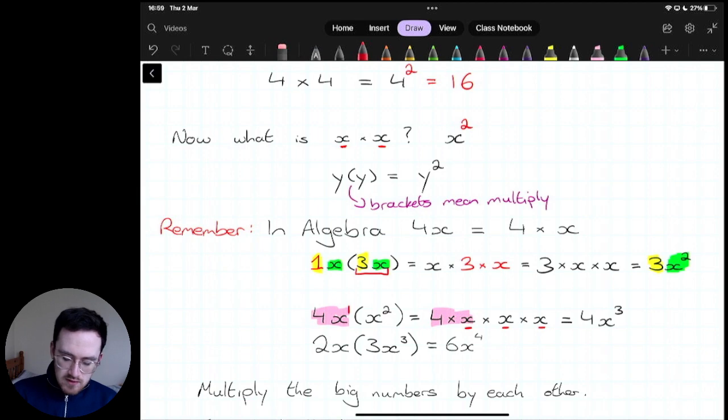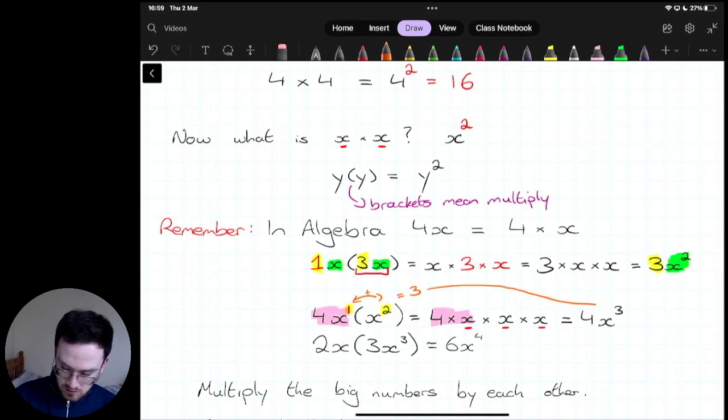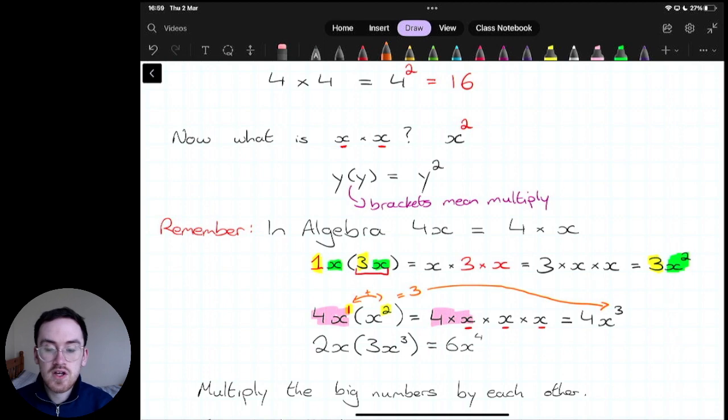If we think of it that way, what we're doing is taking this 1 and this 2 and adding them together to give us the 3 that we have down here. We're looking at those smaller numbers and adding them together, and saying now I have x cubed because it's 3 x's multiplied by each other.